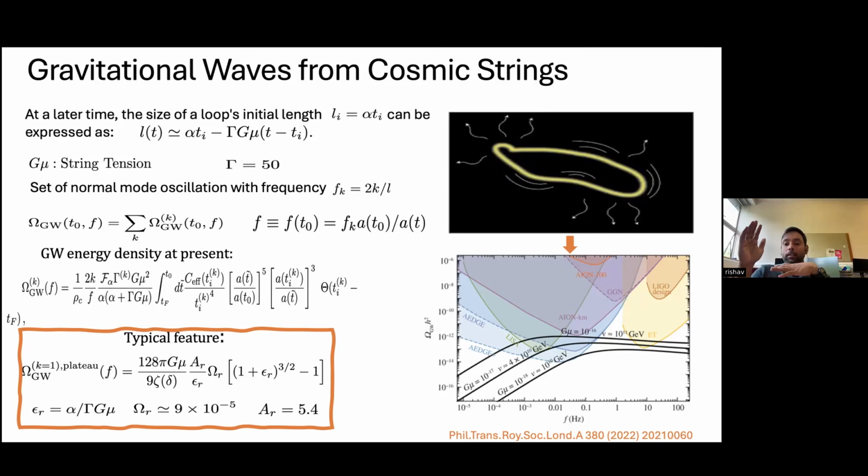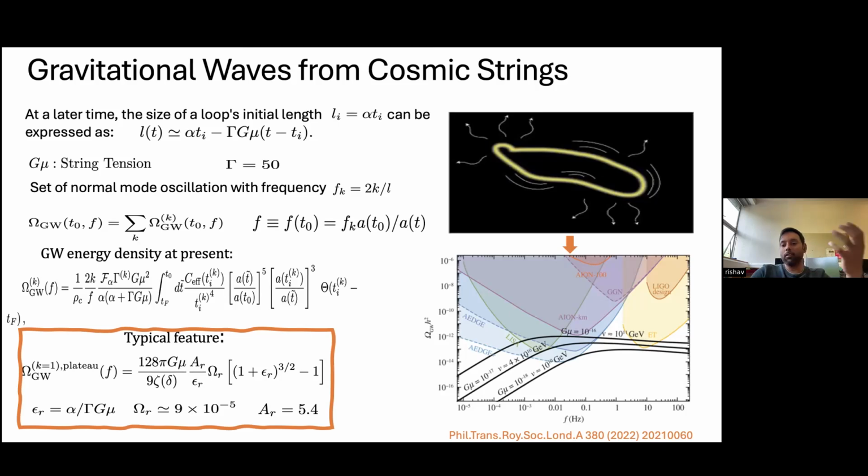But the formation rate of this cosmic string is also very large. So in the radiation domination era, these two effects exactly cancel each other. And that's why we see no dependence on the frequency, especially in the higher frequency regime, no dependence of the frequency on the amplitude of the gravitational wave.